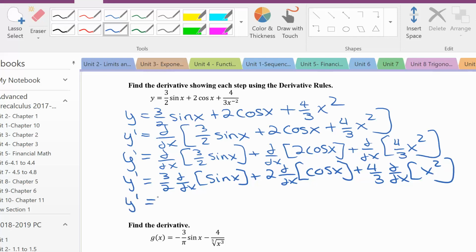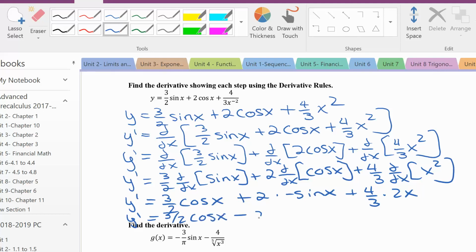So the derivative is 3/2 times cosine x, because remember the derivative of sine is cosine, plus 2 times negative sine x, plus 4/3 times 2x. So then you just simplify, and you get 3/2 cosine x minus 2 sine x plus 8x over 3. So that is your final answer.